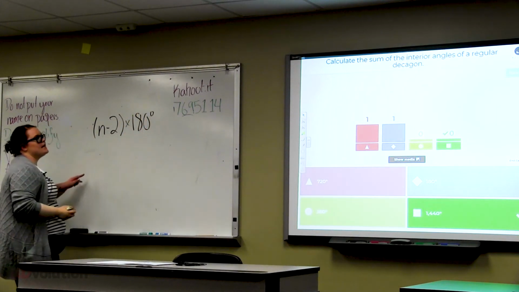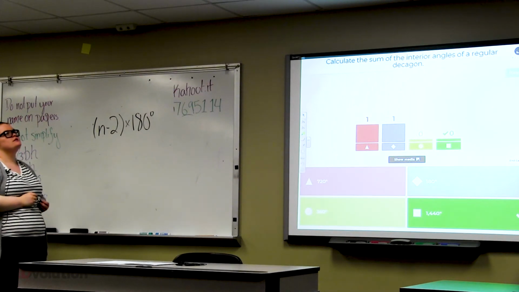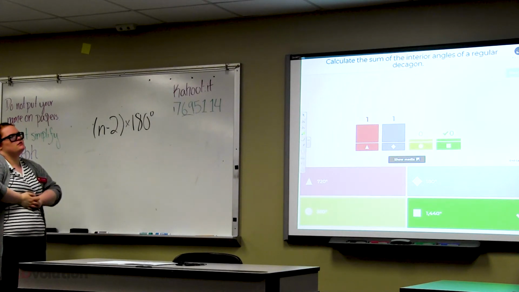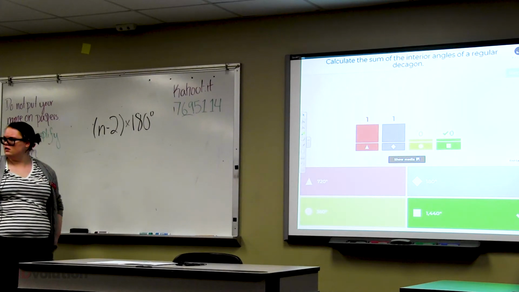Our n comes from the number of sides of the shape. So a decagon has 10 sides, doesn't it? Yeah.